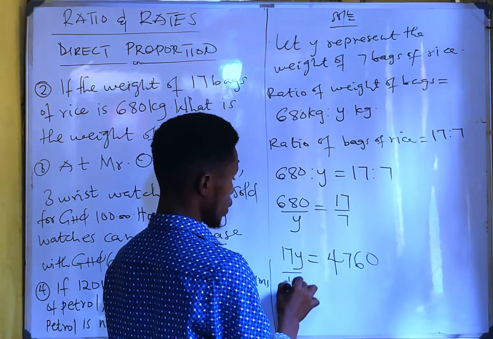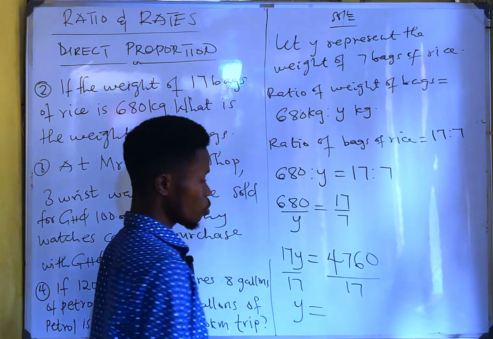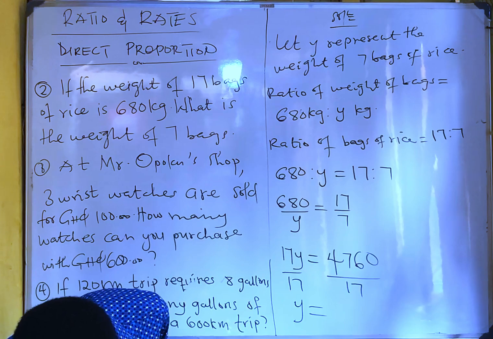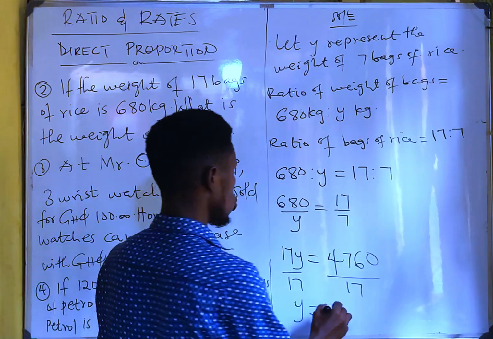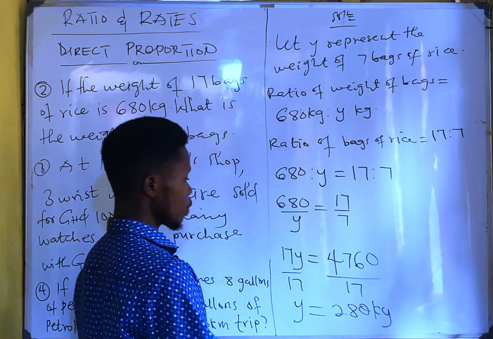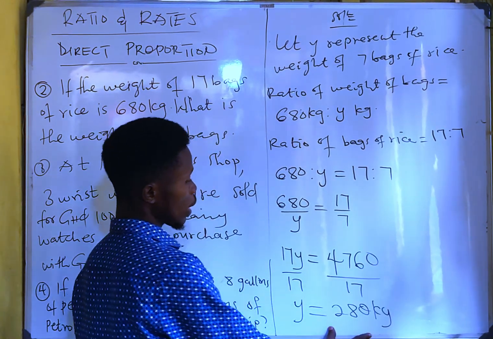Now you divide here by 17, here by 17. So my y is going to be, using a calculator, 280 kg.